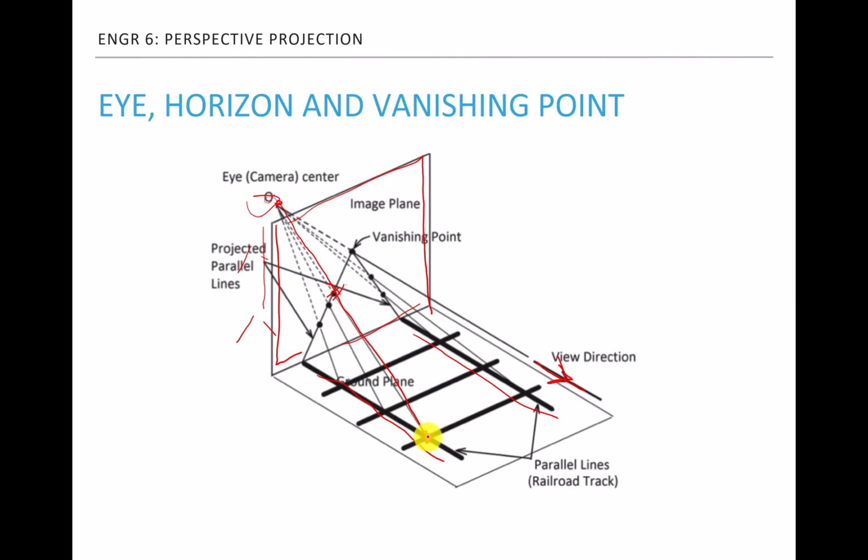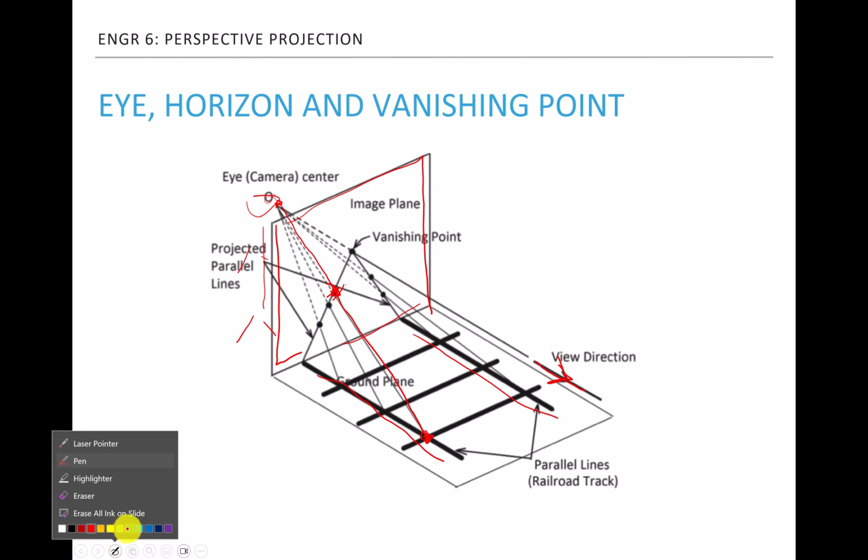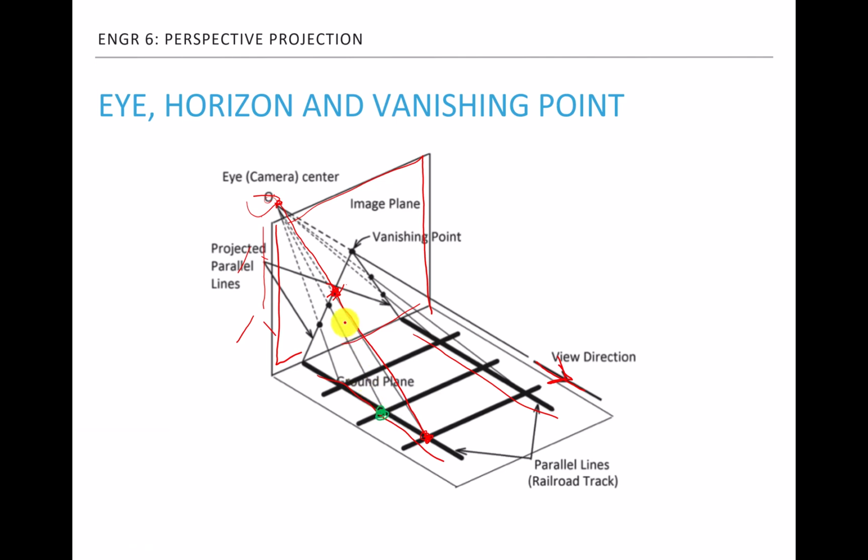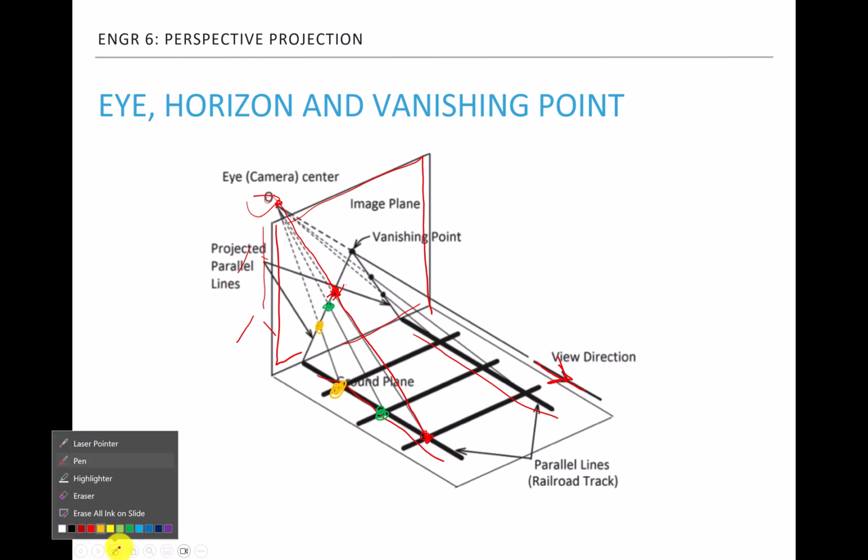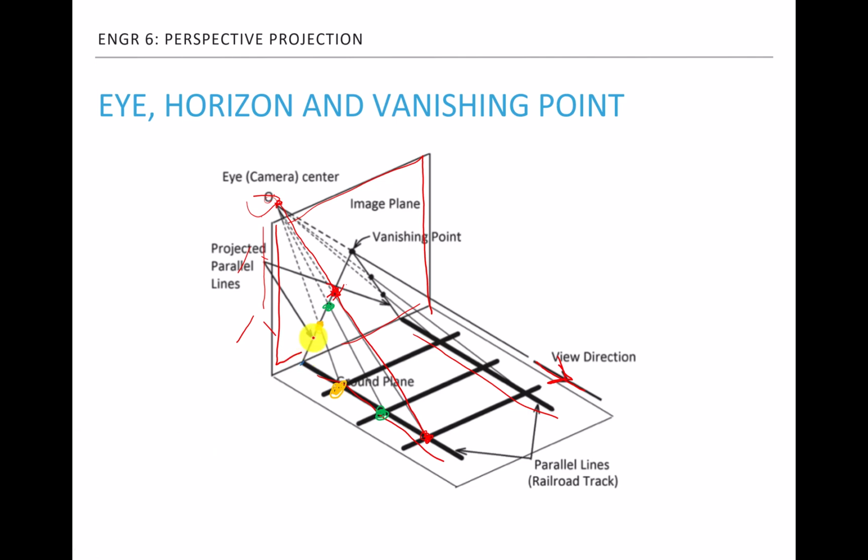This point will be projected there, and this point will be projected there, and so on. There are millions of such points, an infinite number. If you project them, you get just this line. The same thing happens on the other track, and that forms this line too.